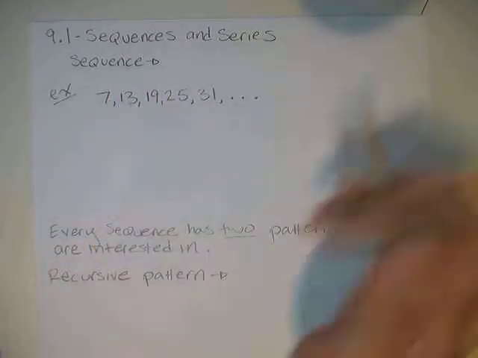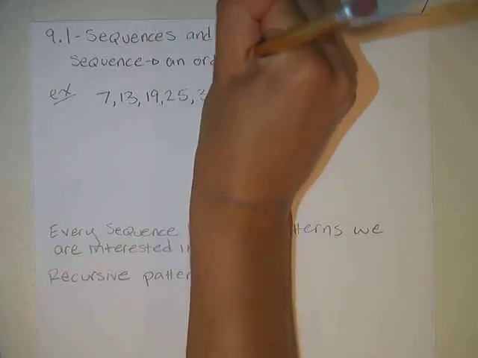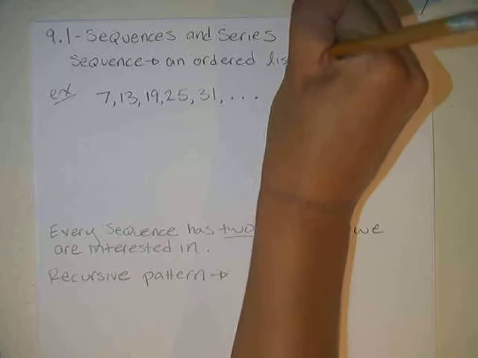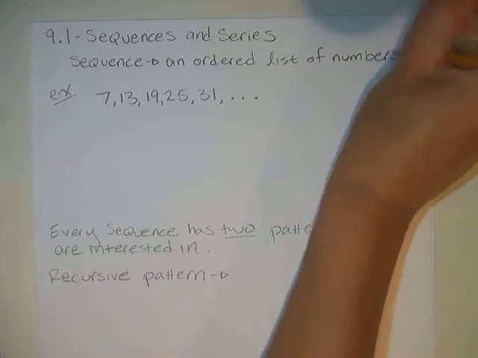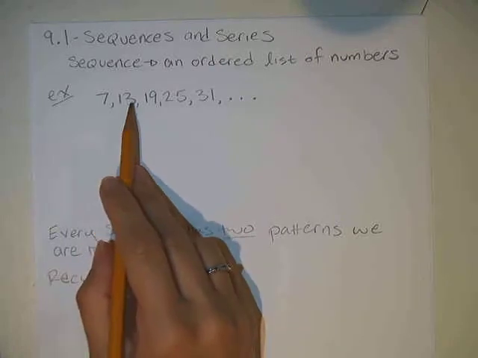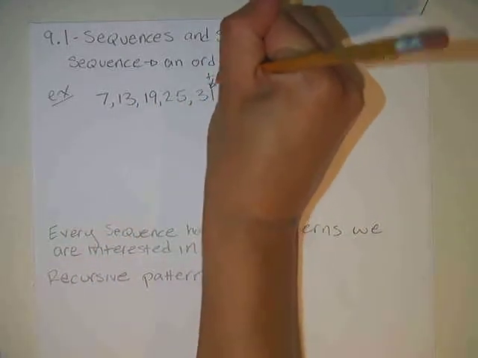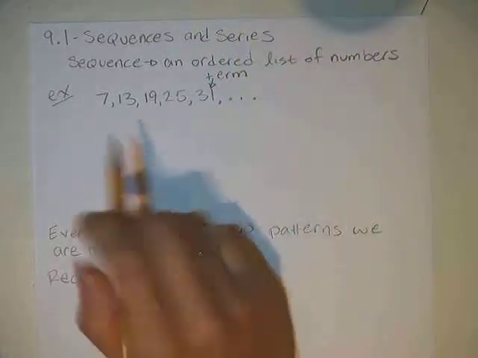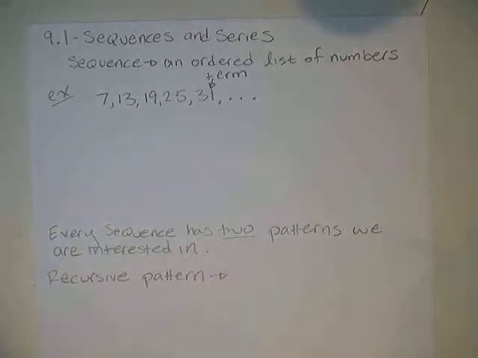So the definition of a sequence: it is an ordered list of numbers. Each number in the sequence is called a term. So this would be the first term, the second term, the third term, and so on.